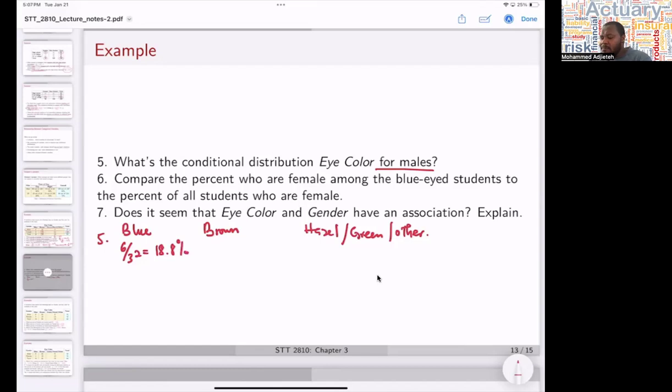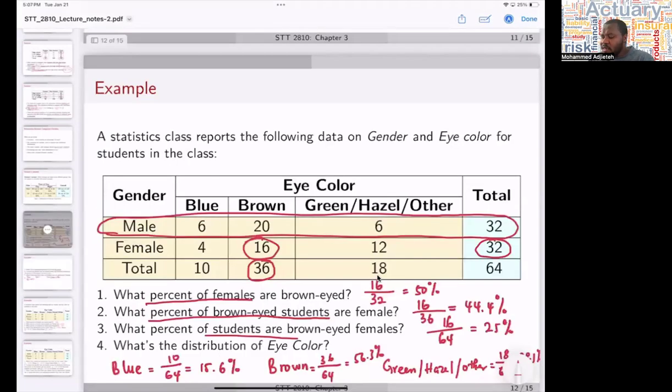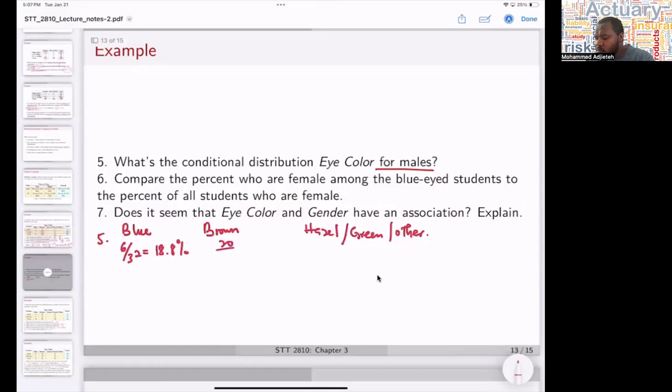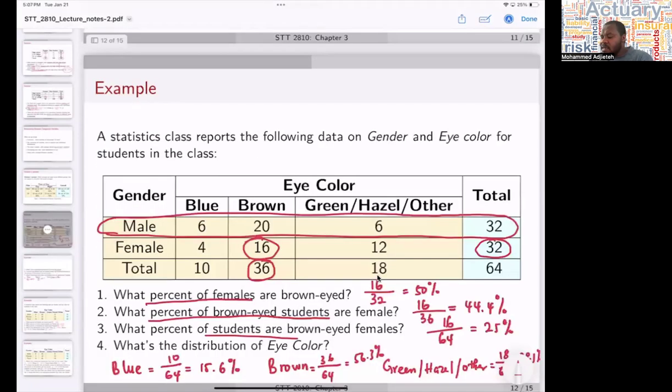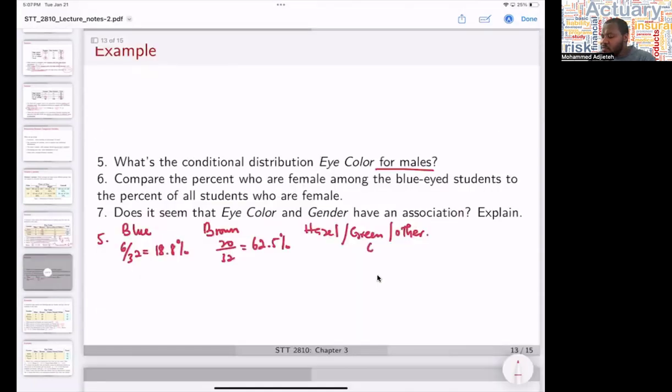For brown, 20 over 32, which represents 62.5%. And also for hazel, we have 6 over 32, which represents also 18.8%.